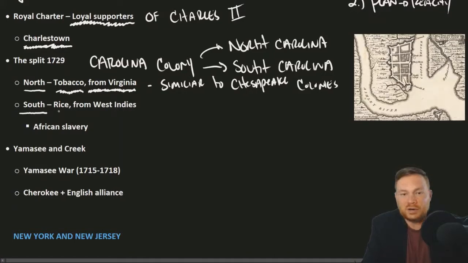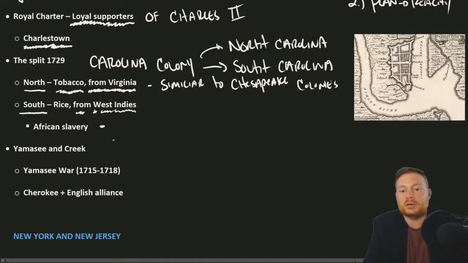Whereas South Carolina tended to look a little bit more like the West Indies. Those were the sugar plantations that relied very heavily upon African slavery, much more so than the colonies of Maryland and Virginia. One good example of this is that South Carolina in the English colonies was the only colony where African slaves outnumbered free white inhabitants.